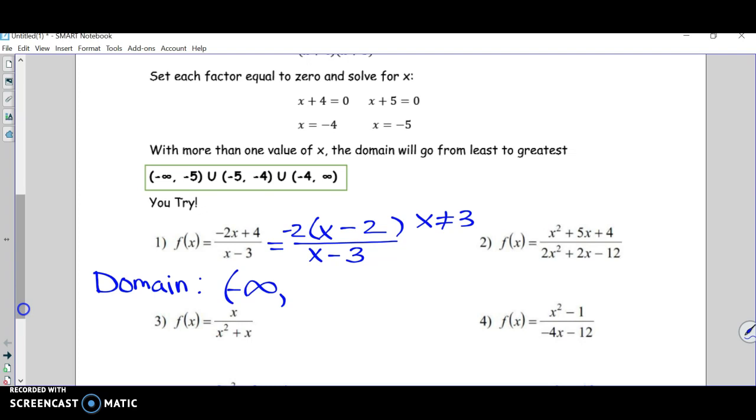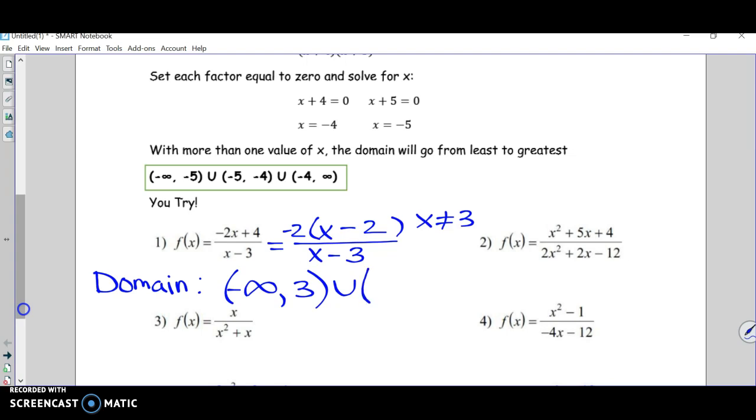Where does it not exist on this graph? Positive 3, right? That's our domain restriction, okay? So it can go from negative infinity and then it has to stop because at 3, it can't exist there. Then this U, y'all never remember what that means? Union, like a marriage, okay? All of this stuff put together or union together is going to be your domain.